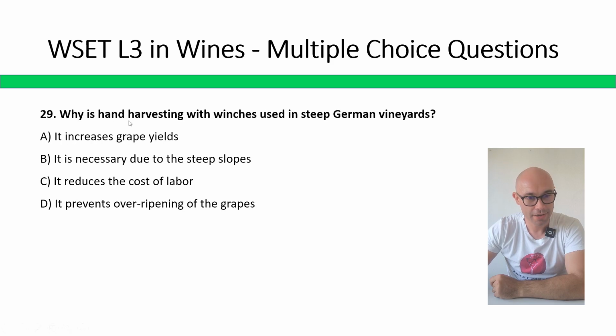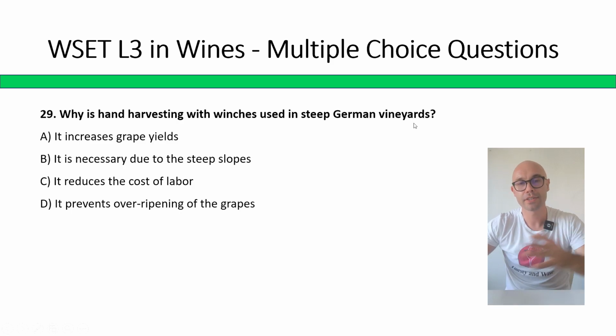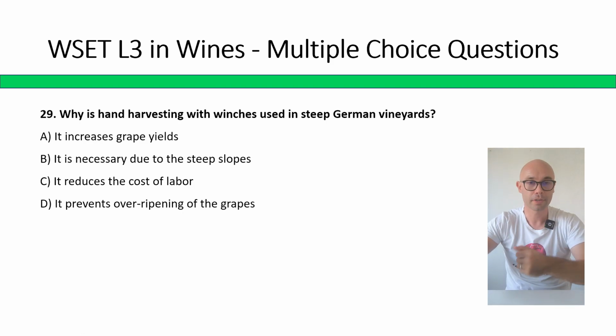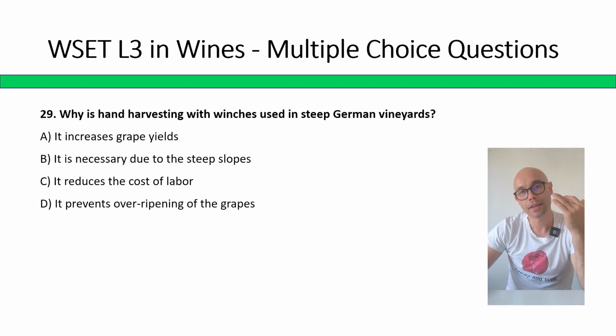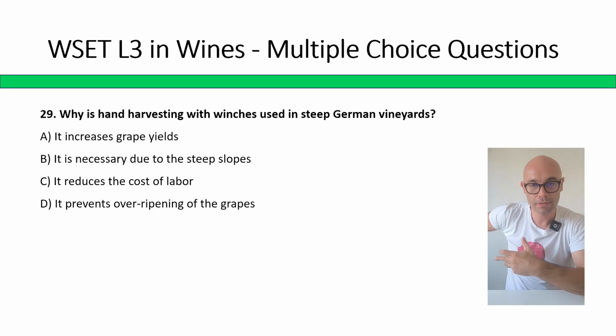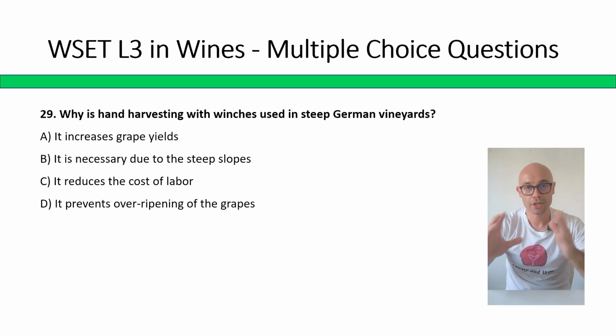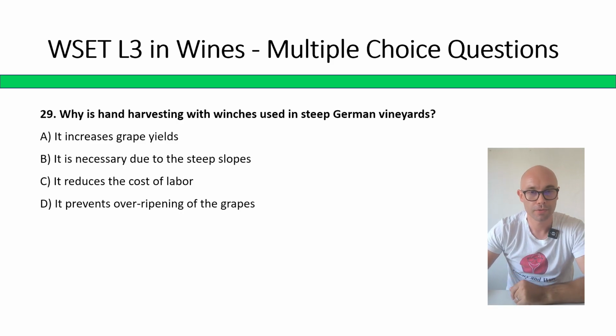Why is hen harvesting with winches used in steep German vineyards? Winches are basically machines that have a metal rope that is connected to the back strap of the pickers, so they can actually pick the grapes without falling. It increases grape yield. It is necessary due to the steep slopes.